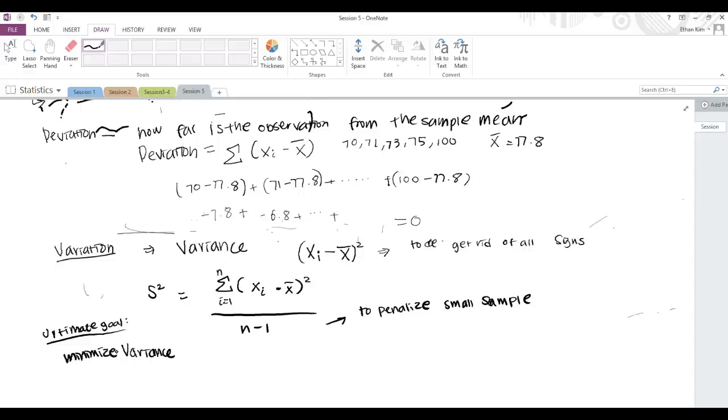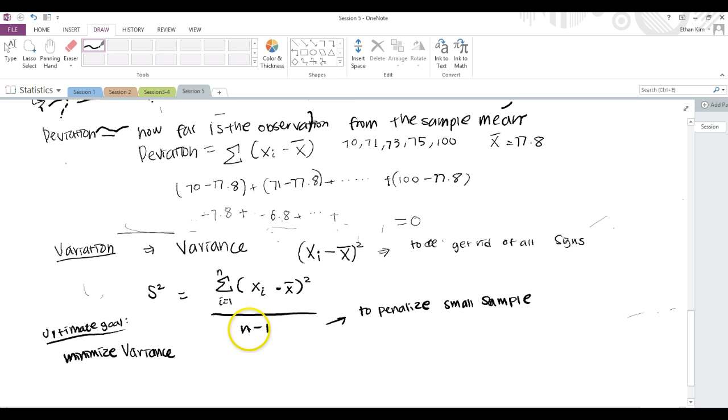Okay, so the lower the variance, the better. If you have a bigger number here, what are we going to have? We're going to have a smaller value, right? So whenever we have a bigger number for n, which represents the total number of our observations, that's better off for us.